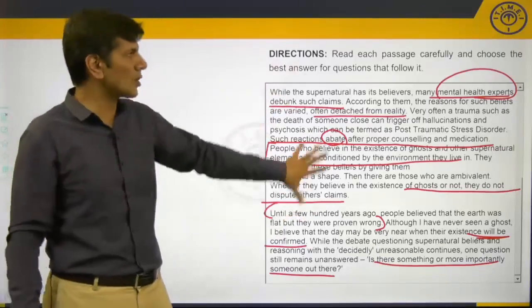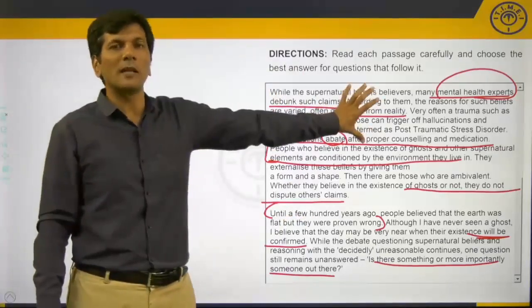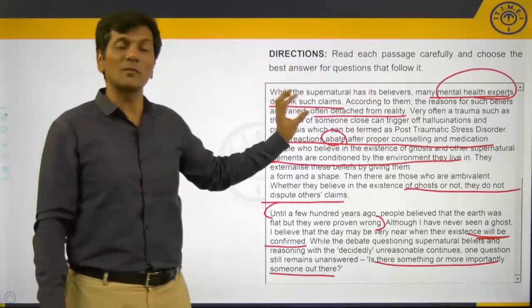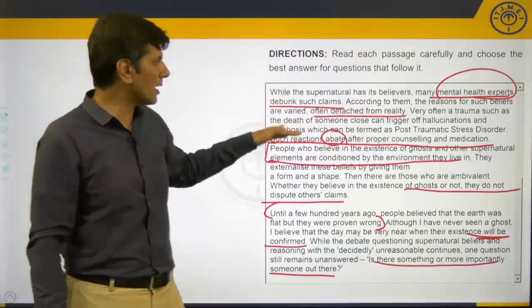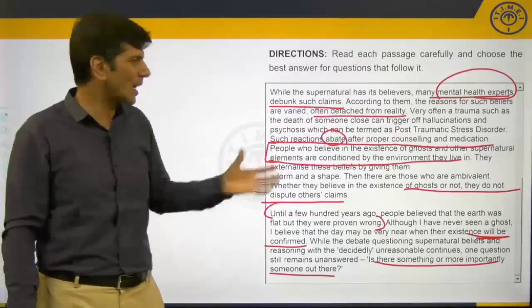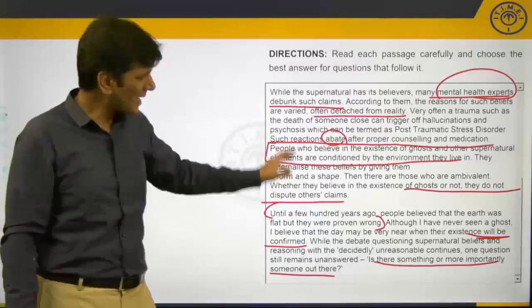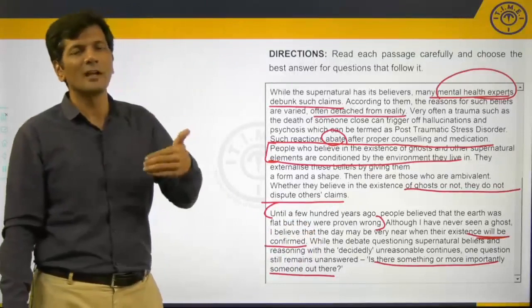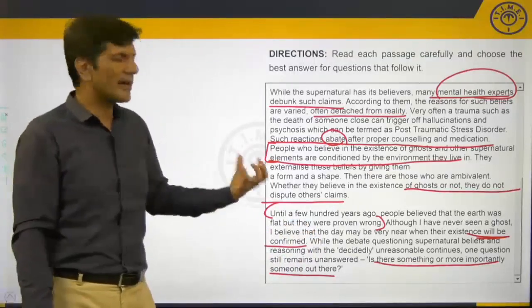And then these paragraphs talk about what mental health experts perceive these supernatural claims as, what they do, and what their observations are on people who experience that after counseling and medication.